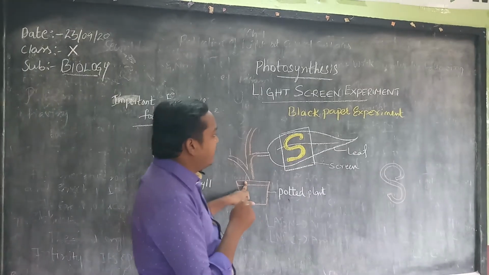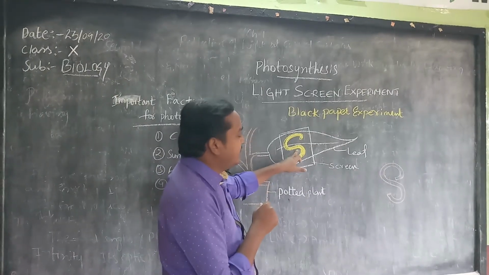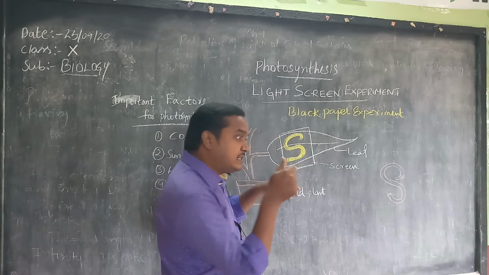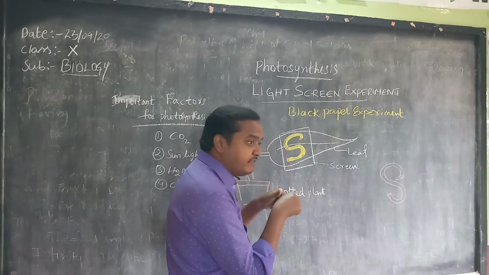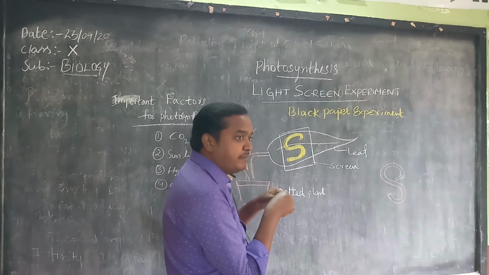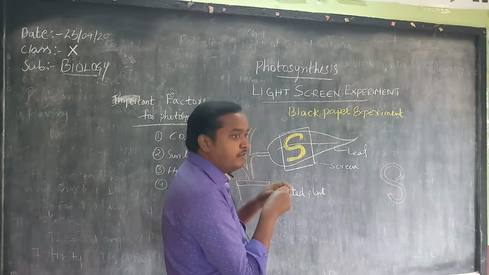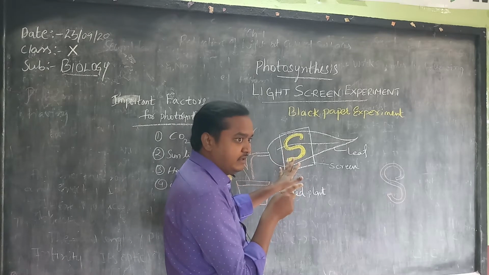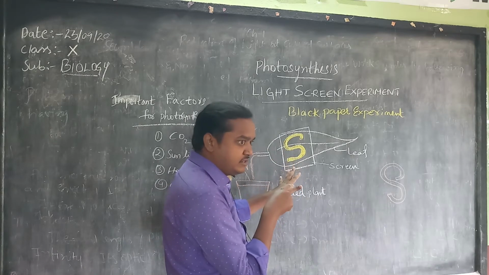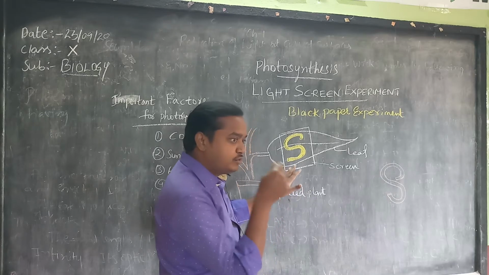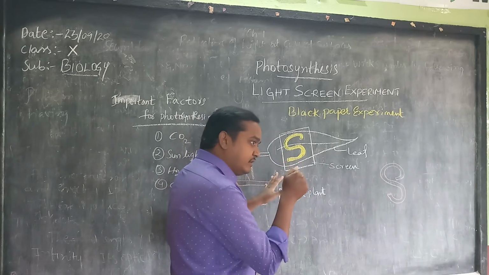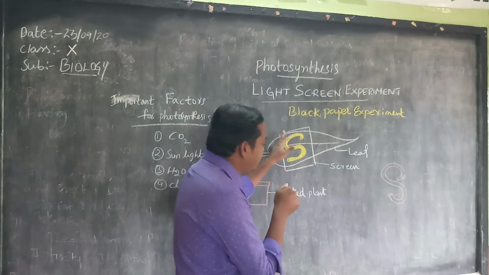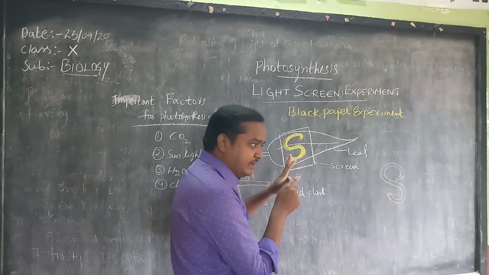Apparatus once again: potted plant, black paper cut into S shape such that through the S the light should enter. The remaining part of the black paper should not be cut, so it stops the sunlight. Through the S only the light should enter onto the leaf.